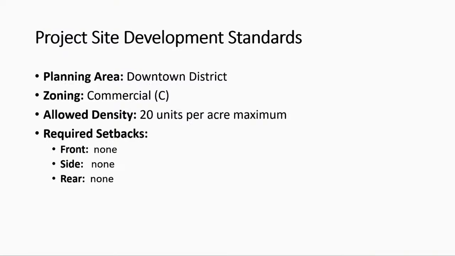So the downtown has its own unique characteristics and standards. The Sonoma Highway Corridor has its own. We have our Central West, Northeast, and so when you see planning area, that's what we're talking about. So the zoning is commercial, and in our commercial zoning district, there are no required setbacks for front, side, or rear, so the building could be built right up to the property line.